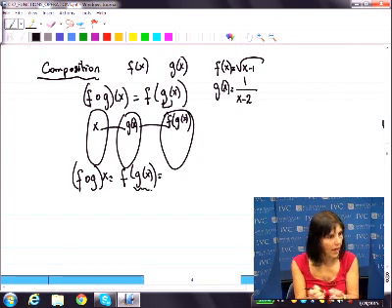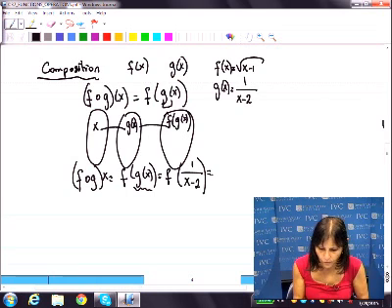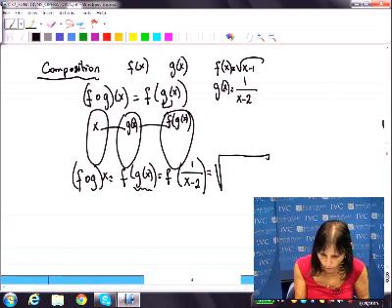Start with the inside. That means f of, what does g of x do? 1 over x minus 2. Alright? What does f do? f takes this input and then subtracts 1.